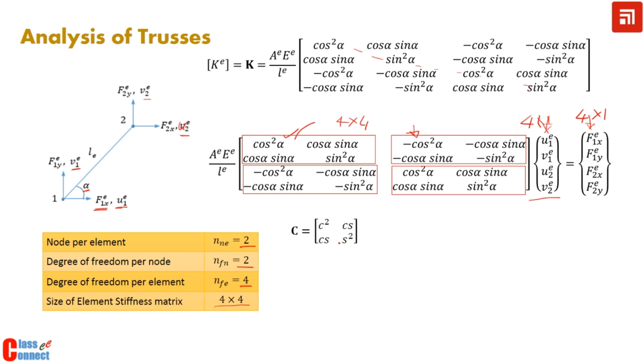These 4 elements can be written in short form, representing cos square alpha, sin square alpha, cos alpha sin alpha, and so we can write this element stiffness matrix like this: C square, CS, minus C square, minus CS, CS, S square, minus CS, minus S square.